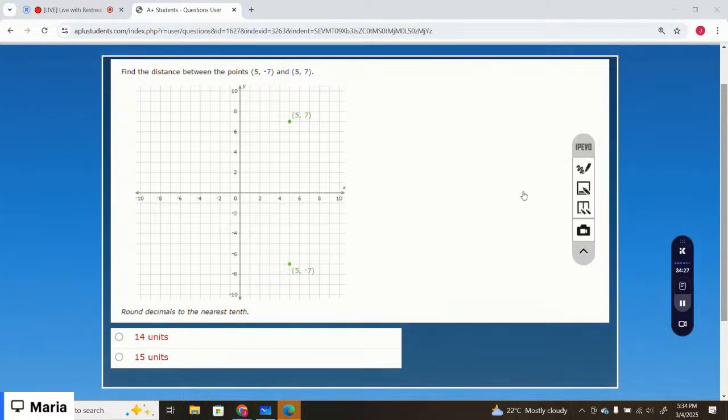Option number 1 is the correct option, 14 units.